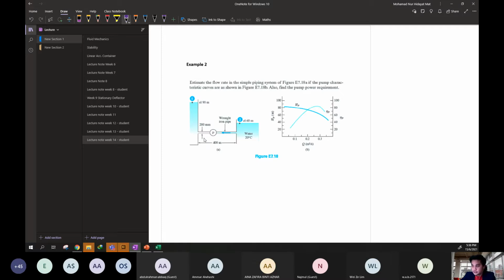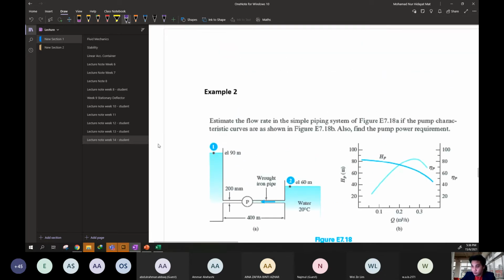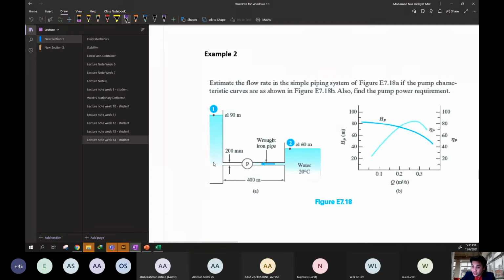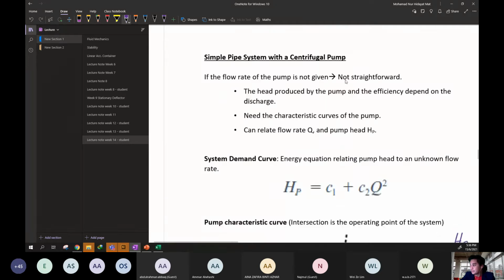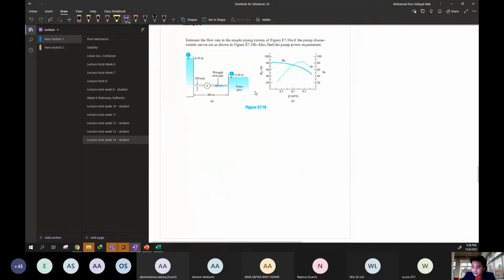Remember, many questions will give you the flow rate Q. But sometimes, if the flow rate Q is not given, it is not straightforward, because you need to find the velocity. From velocity, you get the Reynolds number.